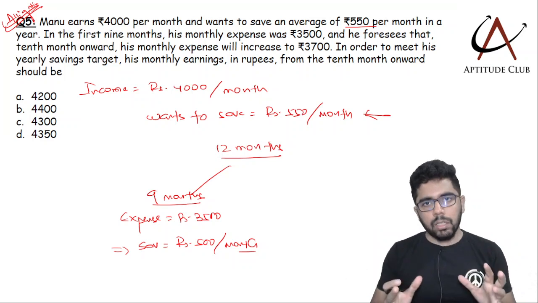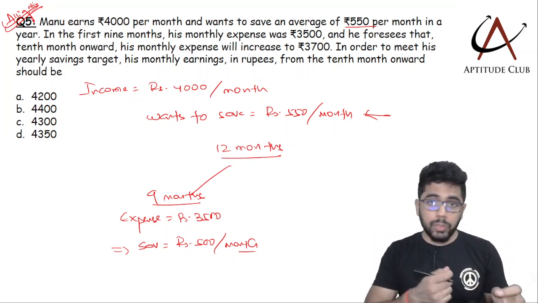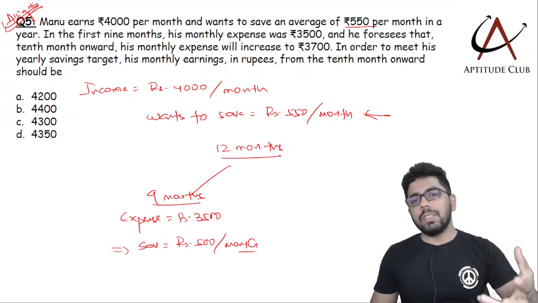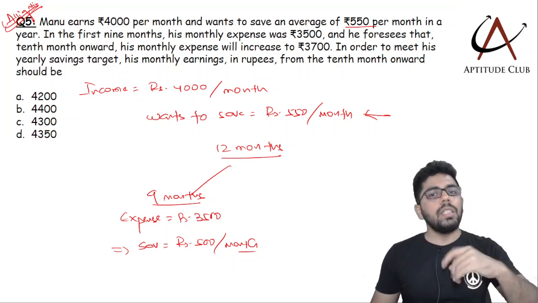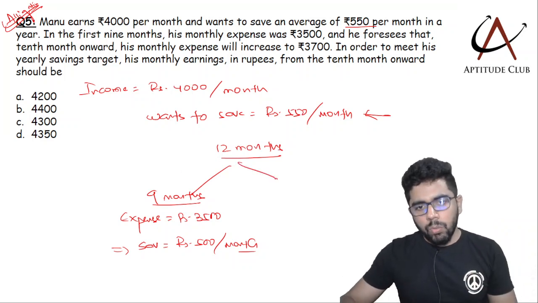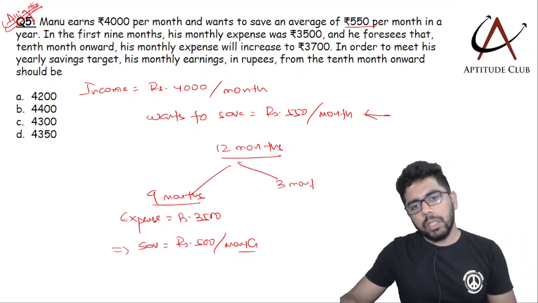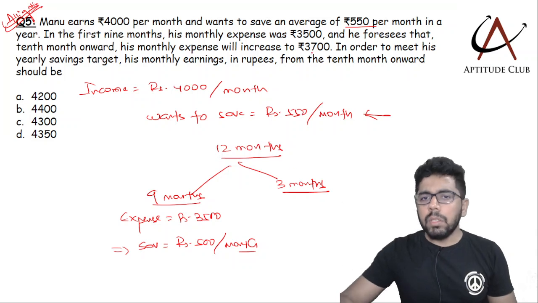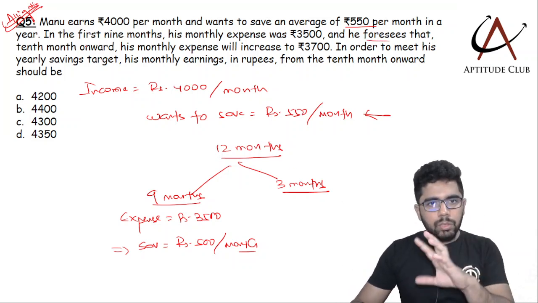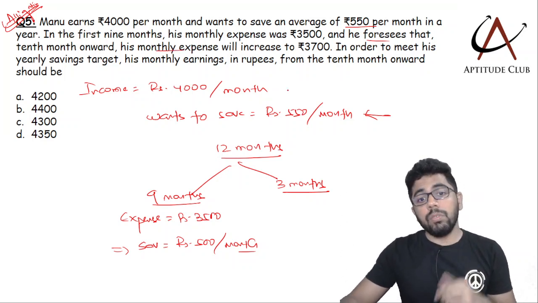Primary part: the moment I conclude this 500 per month for the first 9 months, that means clearly in the next 3 months he has to increase his savings. Only then can he balance it out and reach an average of 550. Now what happens in the next 3 months? From the 10th, 11th and 12th month, his monthly expense will also increase.